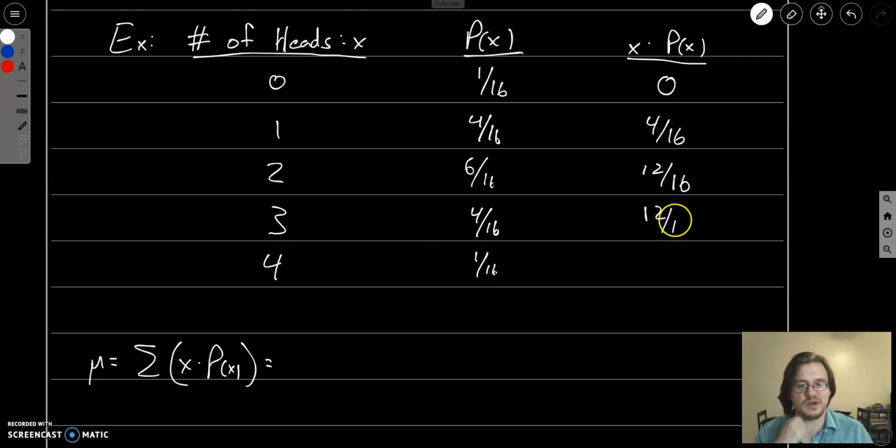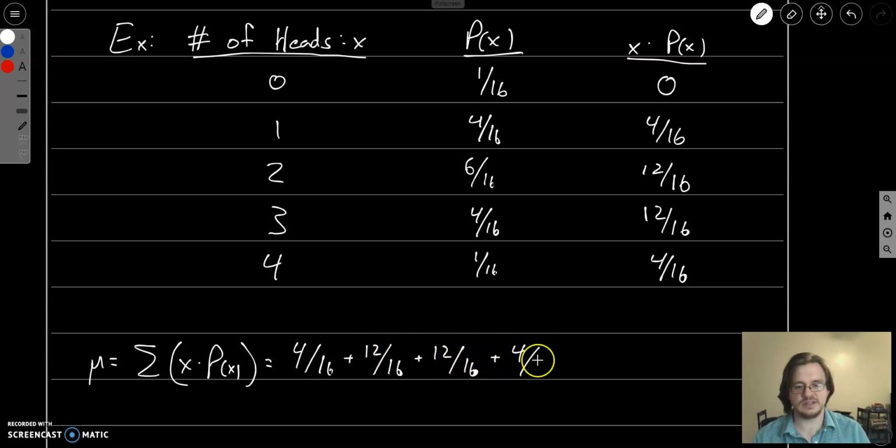Again, that will be 12/16. And 4 times 1/16 is 4/16. And now the sum of each of these guys, we just have to add each one of these up. So this will be 4/16 plus 12/16 plus 12/16 plus 4/16.